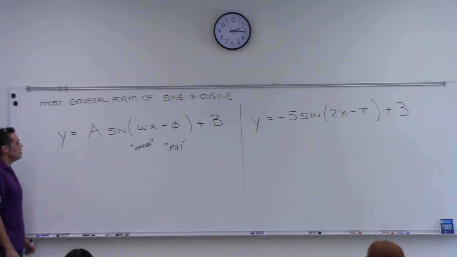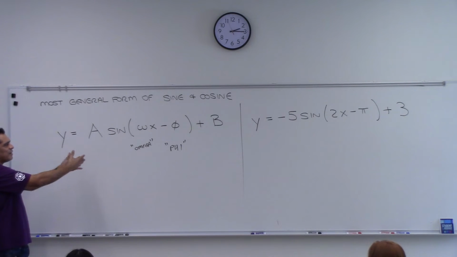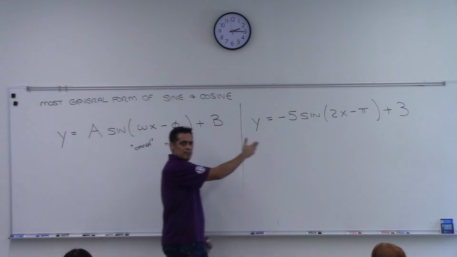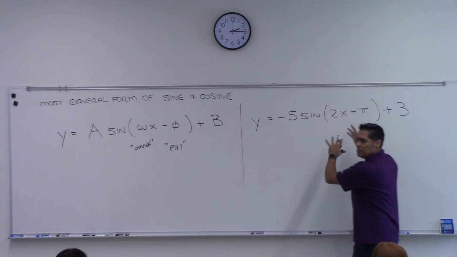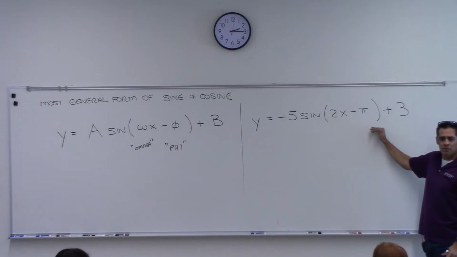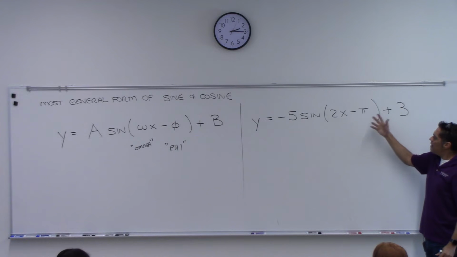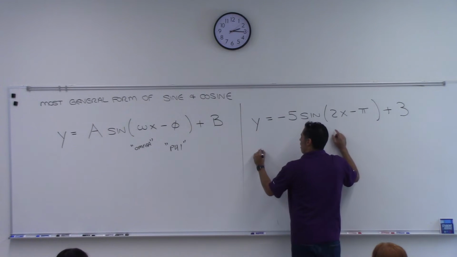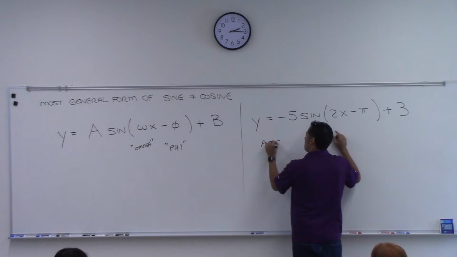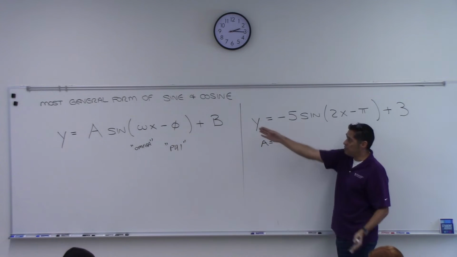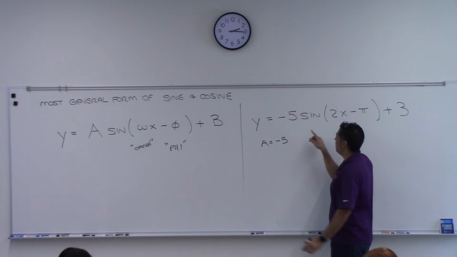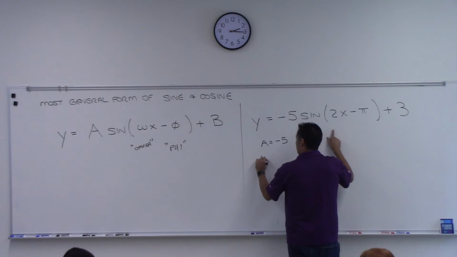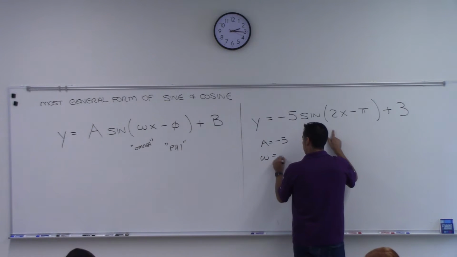But all right, we've kind of done this already a little bit. I've asked you to graph something like this before, but now we have names for this. In this problem, A would be negative 5, not the amplitude, but if we're just matching it with what's over here. A is negative 5. Omega is 2.